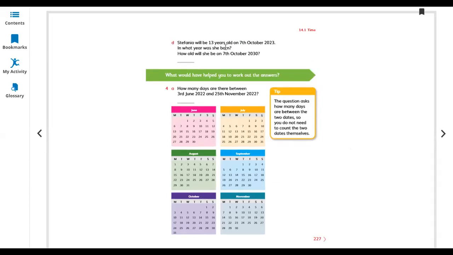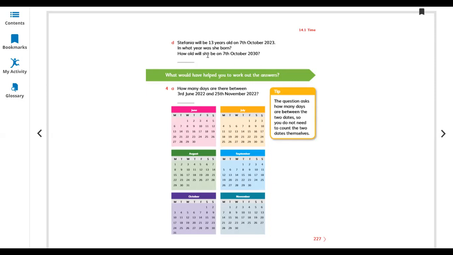Stefania will be 13 years old on 7th of October 2023. In what year was she born? How old will she be on 7th October 2030? So what do you think?